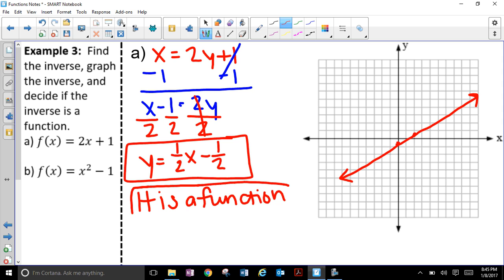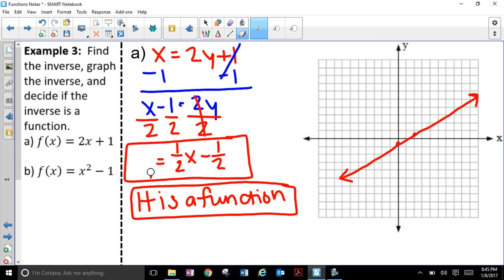So now that I know the inverse is a function, I'm going to go back and change it so that this is the notation f inverse, the inverse of f of x with the -1 piece, like that.